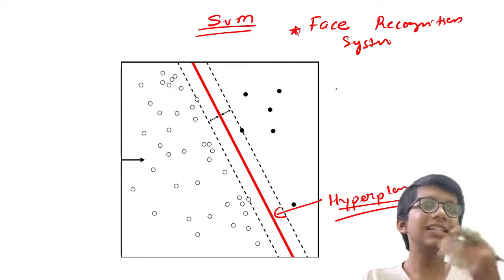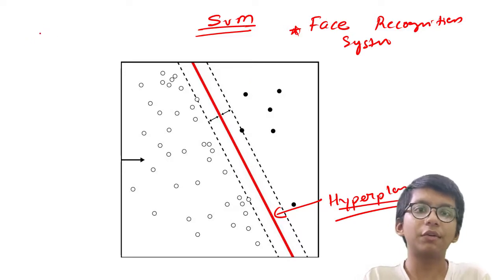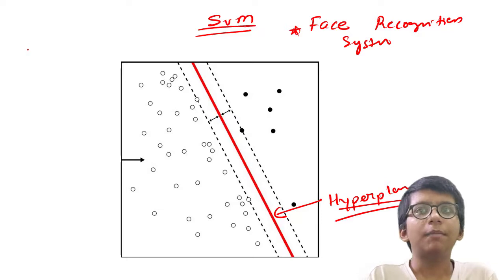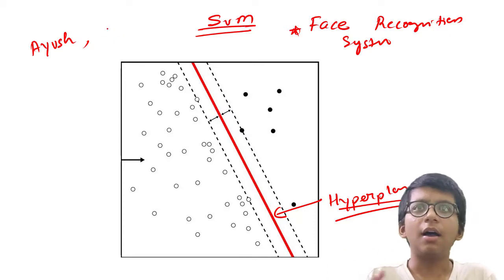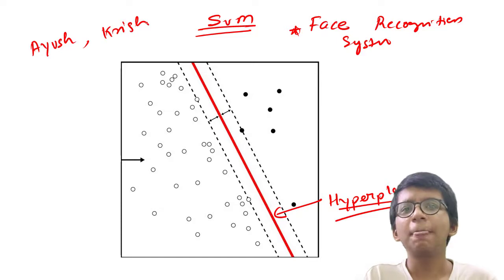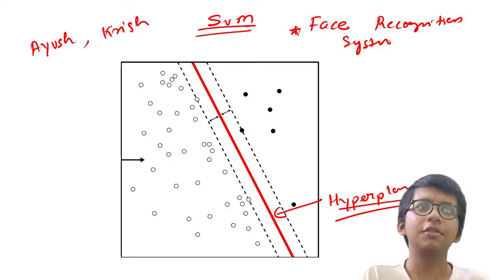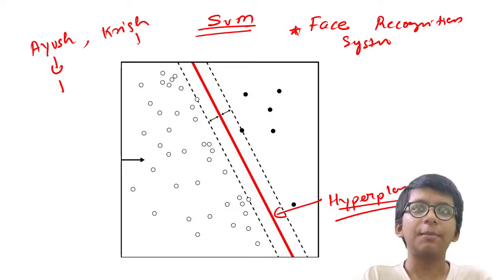Okay, so let's say you're building a face recognition system which recognizes just two persons, maybe Ayush, and maybe another person, let's say Krish. So you have two persons, and you need to classify them using the face recognition system. For example, you have written Ayush as label 1 and Krish as label -1.